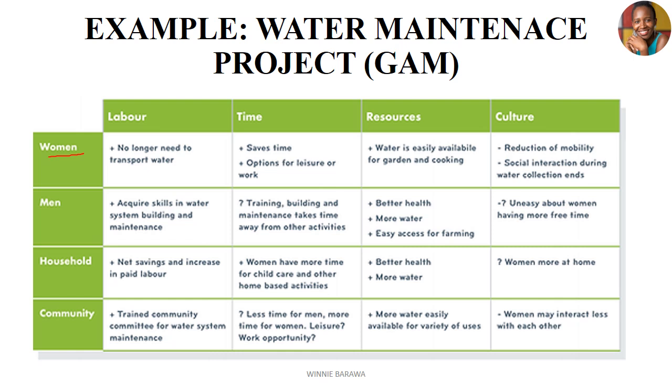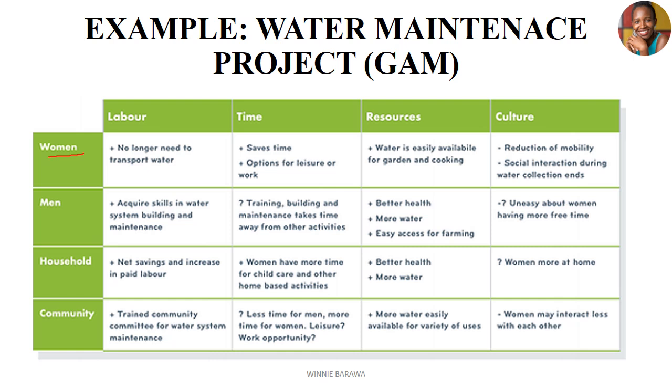And with that, you can see the effect also. It trickles down to men, to the household, and to the community. So the analysis will go downwards. For men, the advantage under labor is they'll have skills in water treatment system building and maintenance. Under time, men will acquire training, building and maintenance, meaning it will take time away from their other activities.